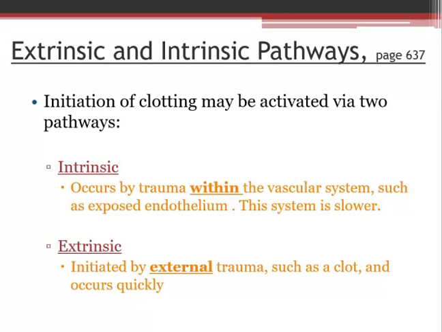And this usually is a slower pathway. The extrinsic is initiated by external trauma, something that happens quickly. It's usually a tissue injury or a break in the blood vessel wall. Tissue factor, thromboplastin, is usually involved. Remember, thromboplastin is our factor 3.